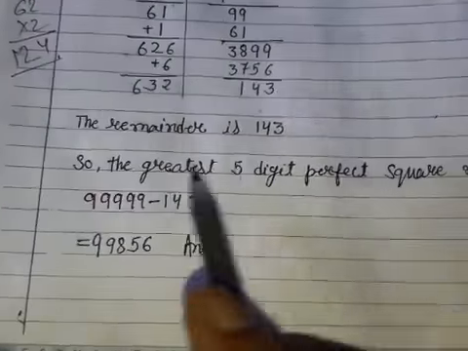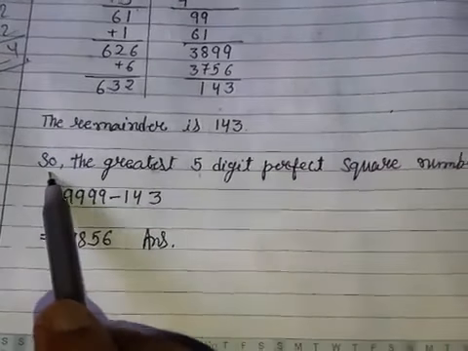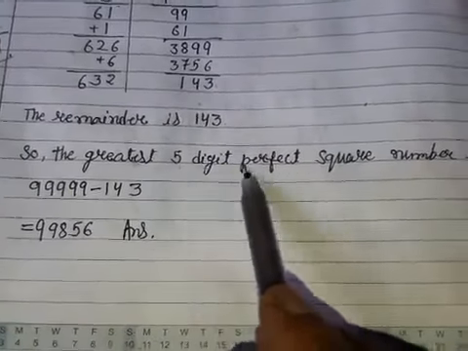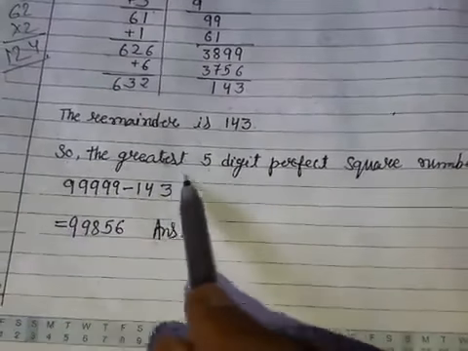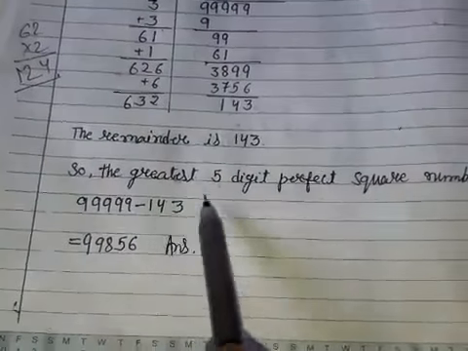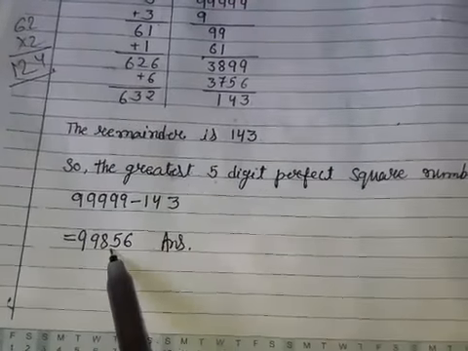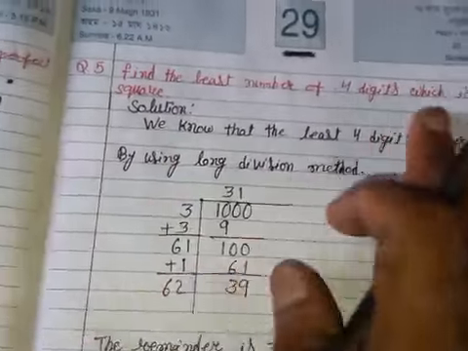Now the remainder is 143. So the greatest 5 digit perfect square number is obtained by subtracting this number from the greatest 5 digit number. It comes to 99,856.